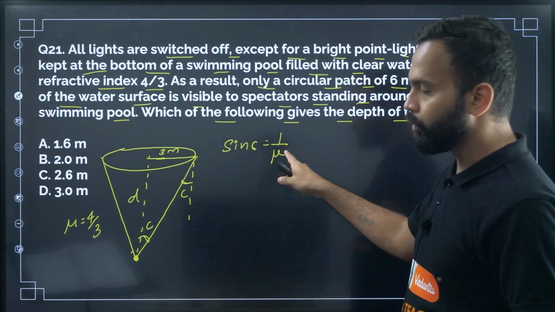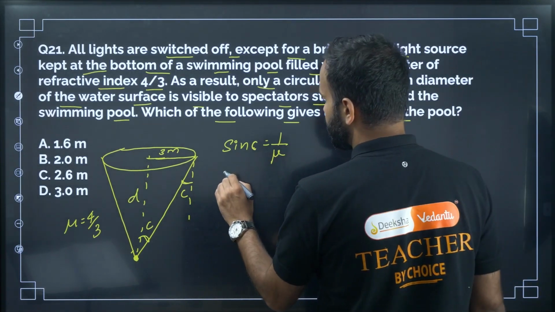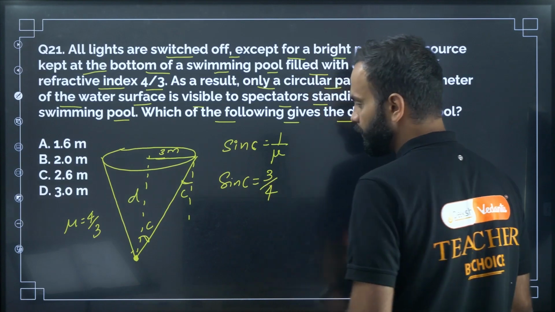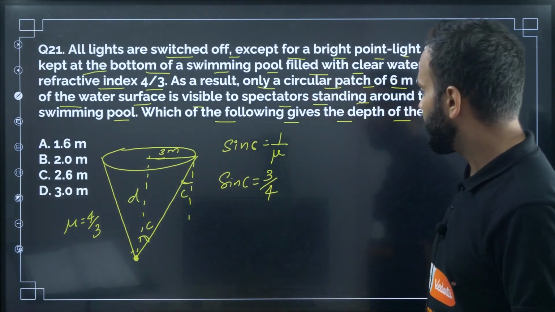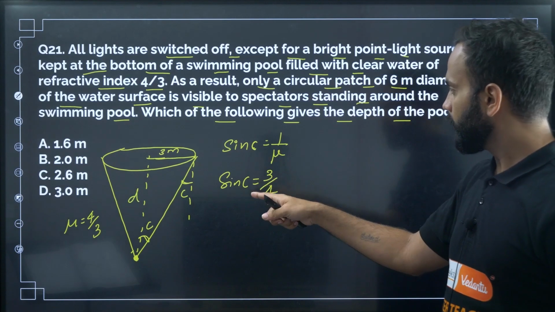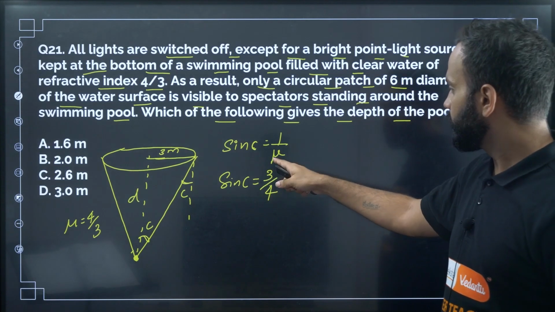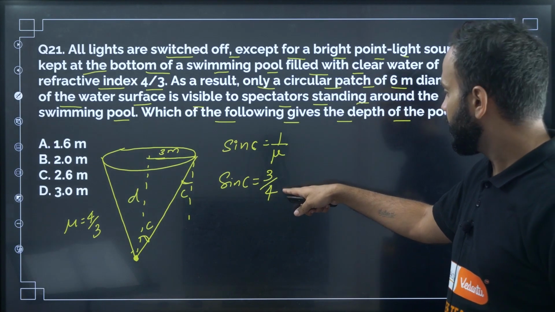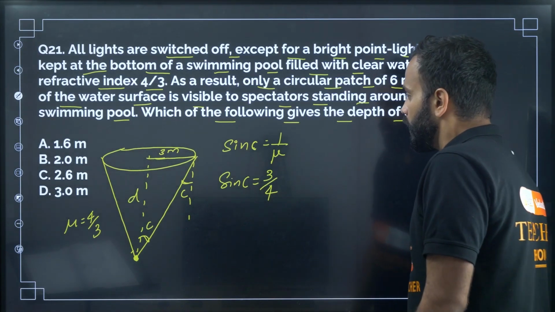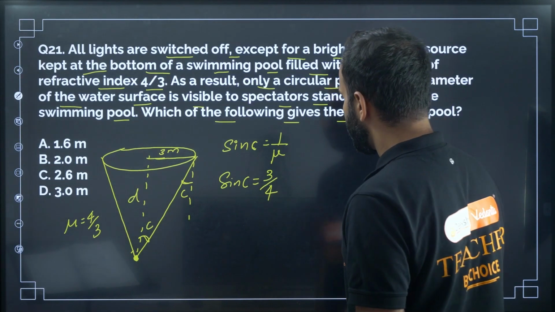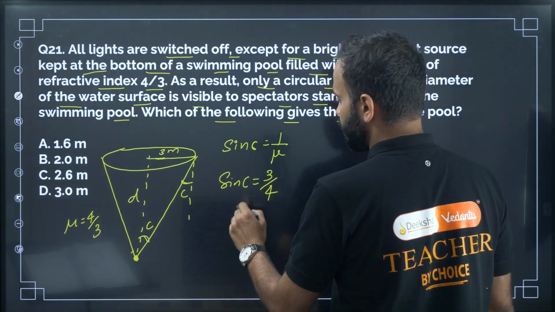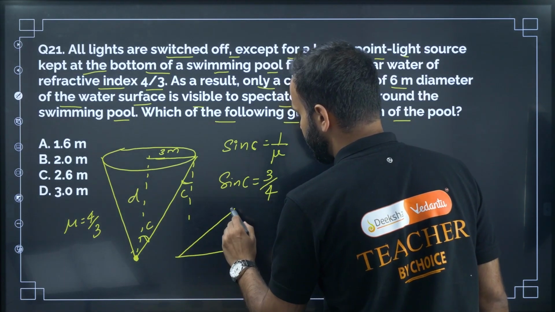So mu is 4 by 3, so sin C will be 3 by 4, isn't it? So what is 3? Height. Here 3 by 4, right? Sin C is 3 by 4. Now here this is the right angle triangle.